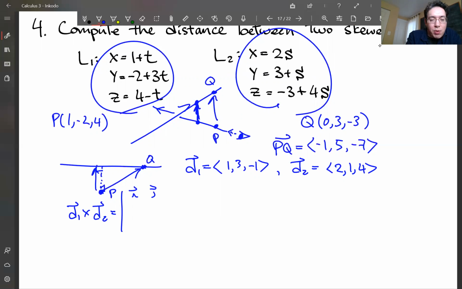Let's compute the cross product. To get the i component, I do 3 times 4 minus 1 times -1, so 12 plus 1.